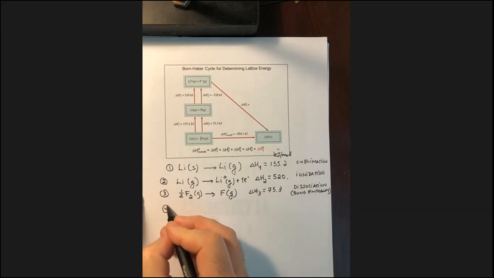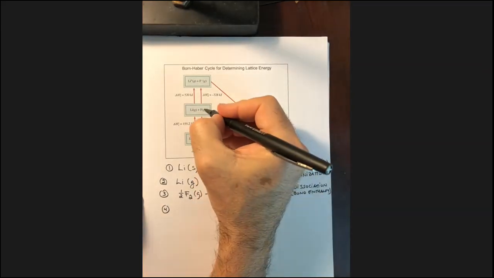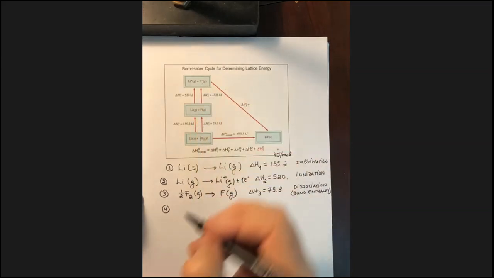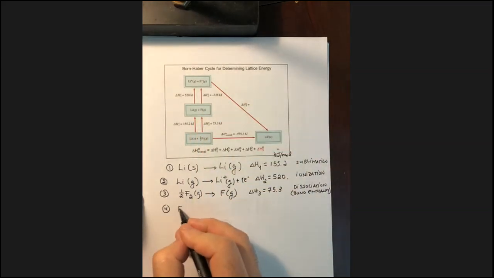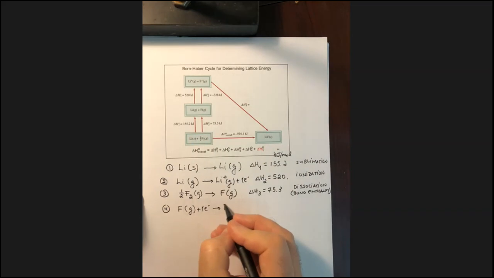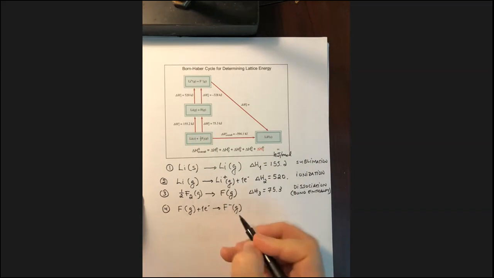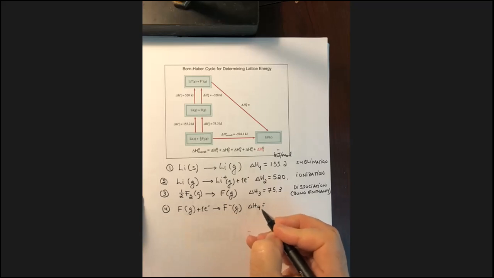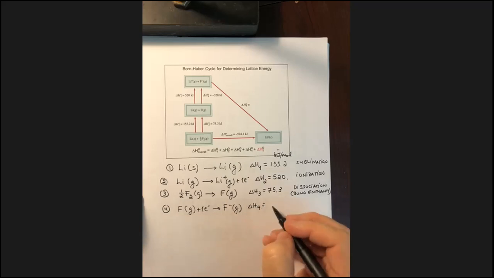Okay, here we go. Step number 4 is we're going to take those fluorine gas atoms and add electrons to them. So we've got this fluorine gas, we're going to add an electron and form the fluoride ion. And delta H4 has an energy of negative 328 kilojoules per mole.